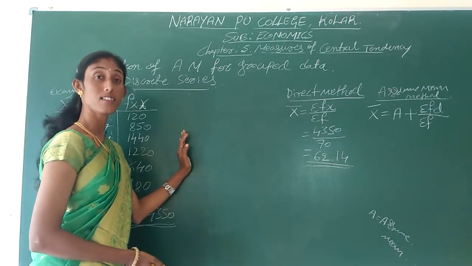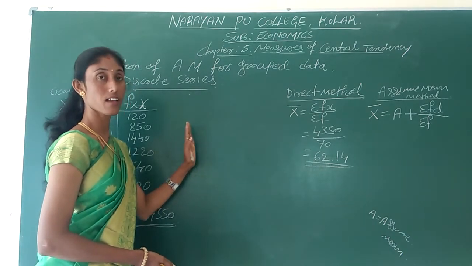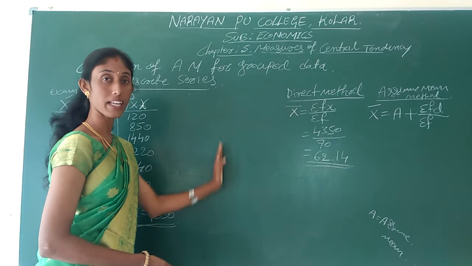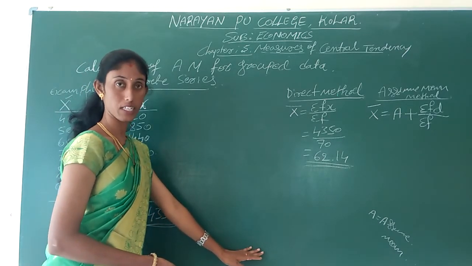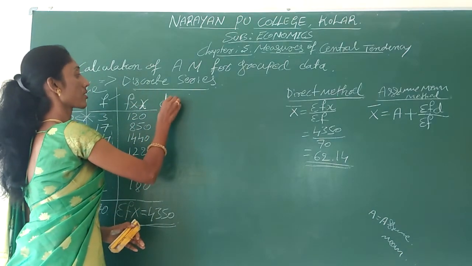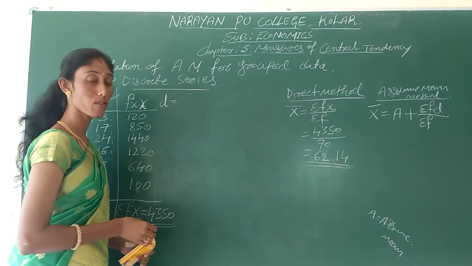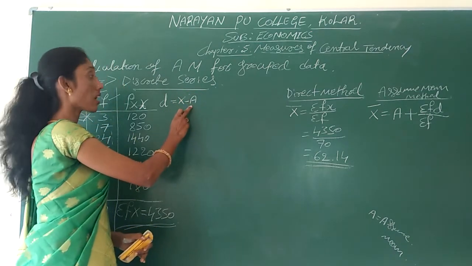Then we get sigma f into d. First we find d, then f into d, and by adding all the f into d values, we get sigma fd. Got it? Now we will find the deviations. What is the formula for deviations? X minus a, where a means assumed mean.